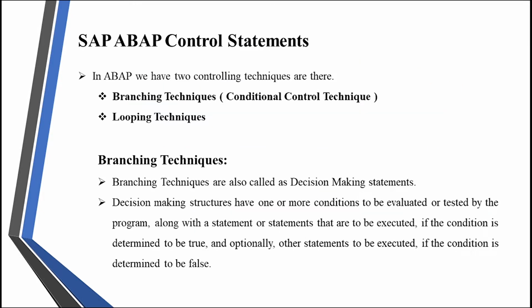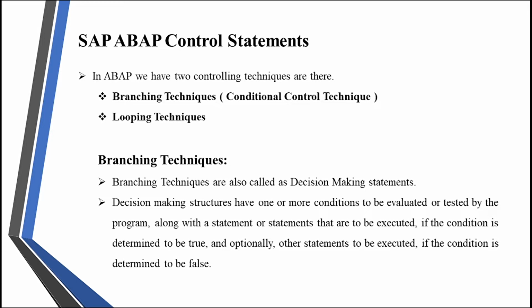So to control the statements, that means to control the execution of the compiler, we have two types of controlling techniques. What are those? Branching techniques and looping techniques. Branching techniques are also called conditional control statements, and the looping statements are called looping statements.